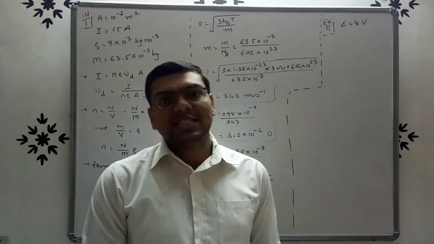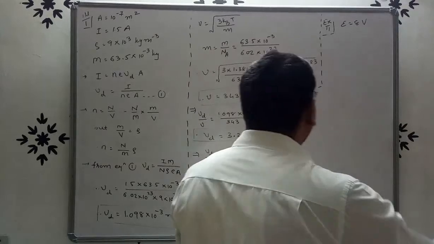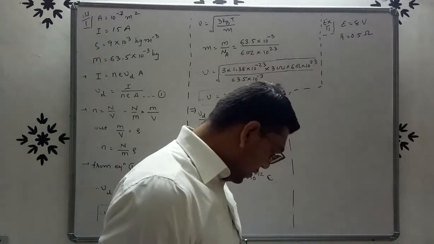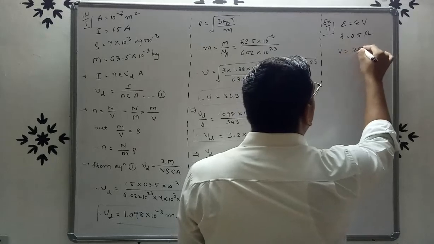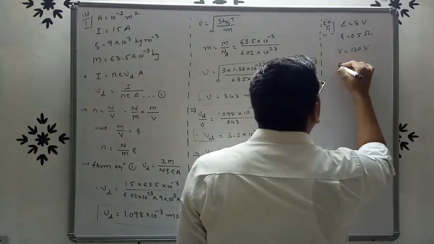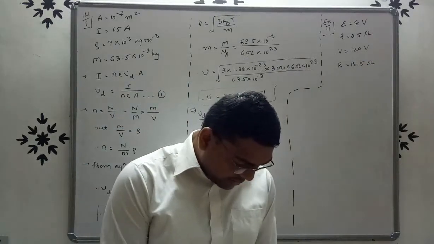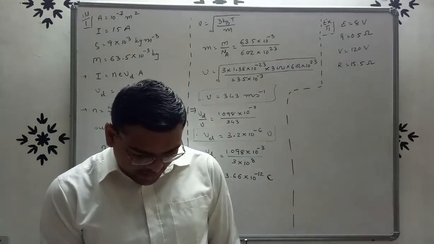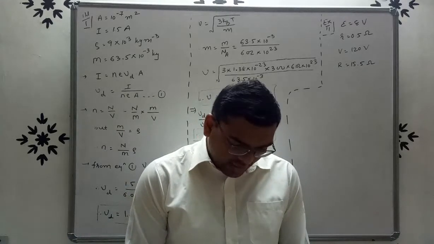So here charging will be there, and the internal resistance is given, which is small r, 0.5 ohm. Next, being charged by 120 volt DC supply. So here V is equal to 120 volt, that is the DC supply, and having a resistance of 15.5 ohm, right. Then what is the terminal voltage of the battery during charging? And what is the purpose of having a series resistor in the charging circuit?